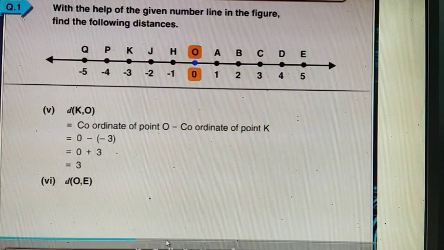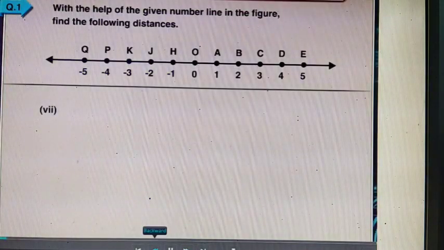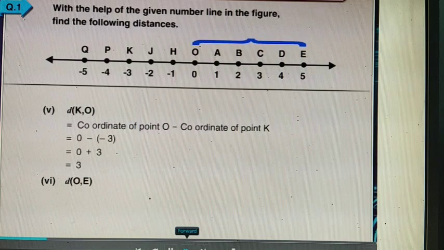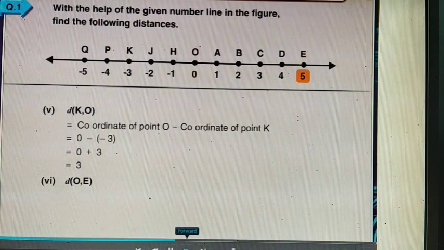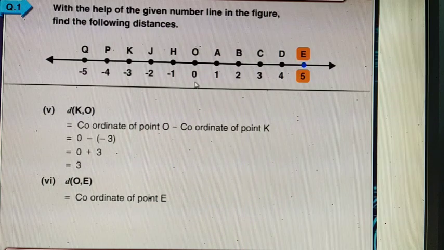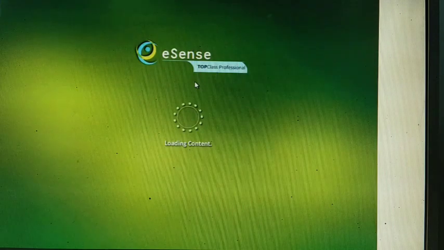Therefore I will write coordinate of point E minus coordinate of point O, equals 5 minus 0, which is equal to 5.